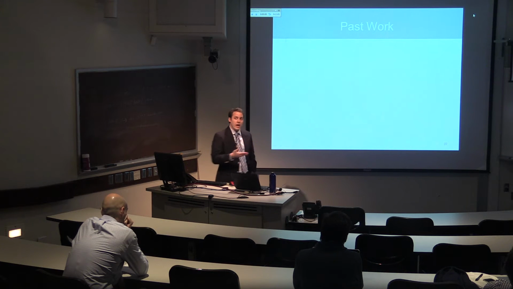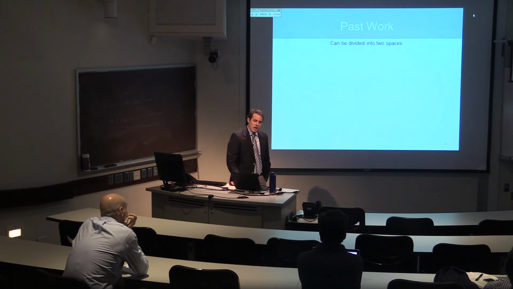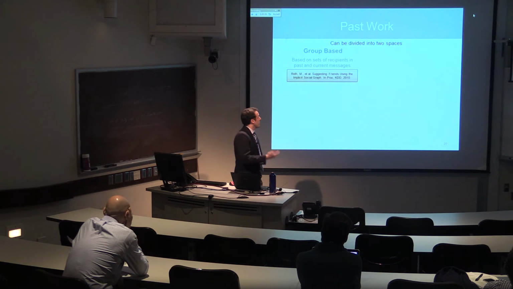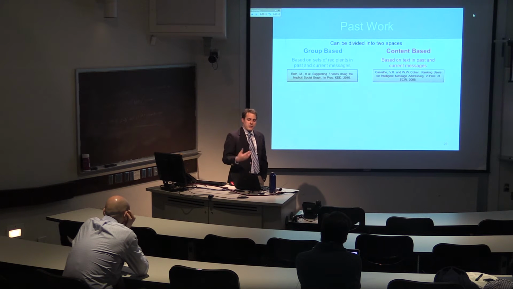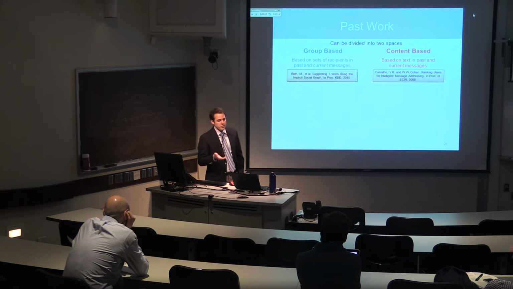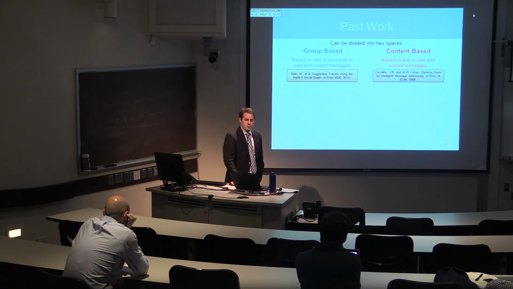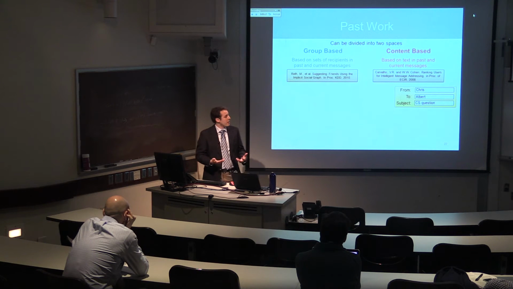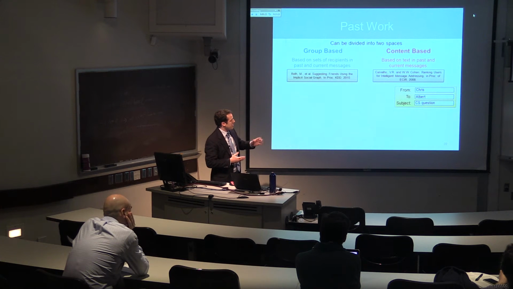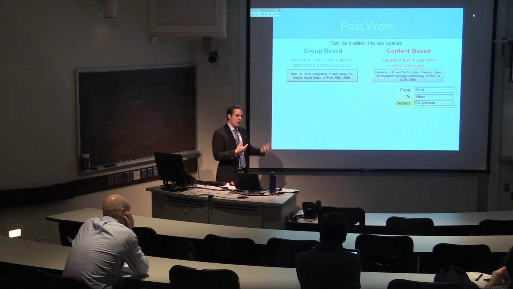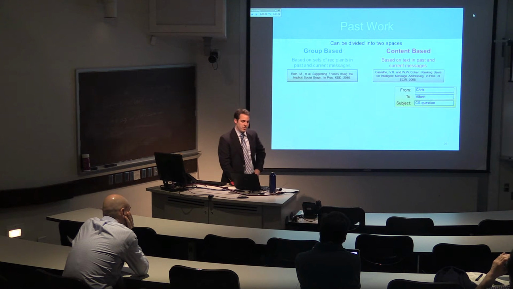So there is some past work in recipient prediction, and it can be divided into two spaces. Group-based, which bases its predictions on sets of recipients in past and current messages, and content-based, which bases its predictions on text in past and current messages. To illustrate how this works, let's look at an example. Some student, Chris, is emailing out a CS question. He's already addressed Albert, but in the hopes of getting his question answered, he wants recommendations of who else he can send this to.